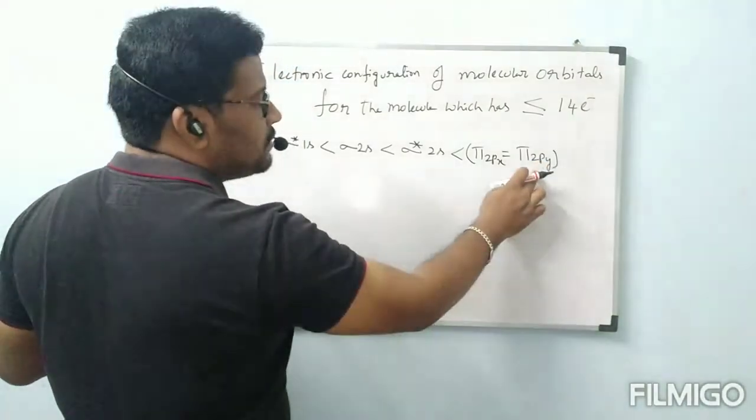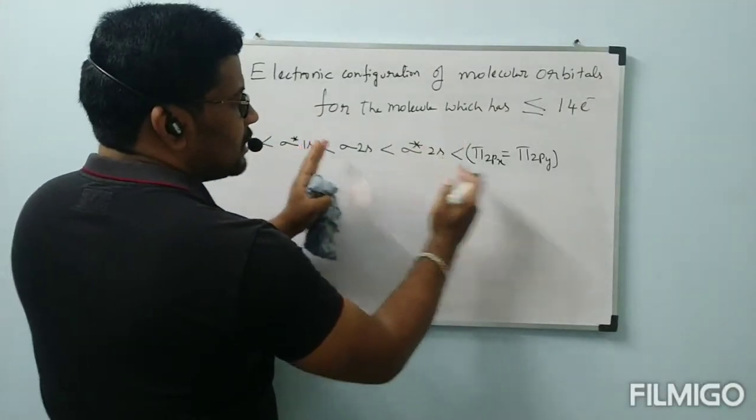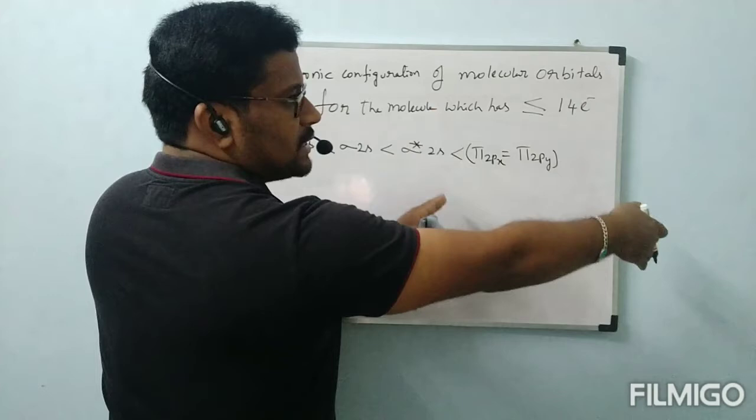See, these are the 1s orbital set, these are the 2s orbital set, and here we get the 2p orbital set.